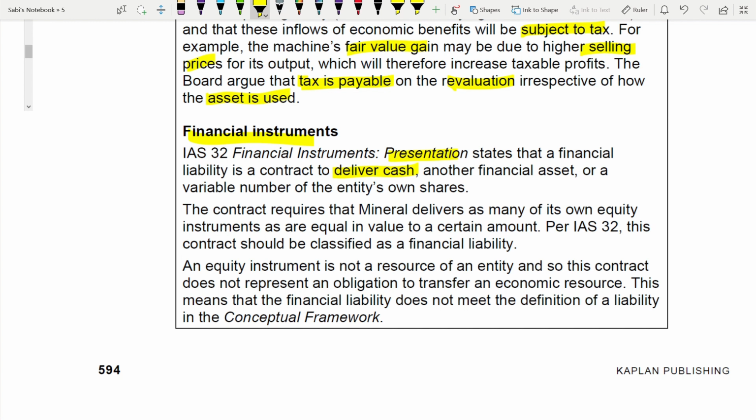Or a variable number of the entity's own shares. Okay, if you have to give up your own shares and that number could be variable, then it's a financial liability. So make sure that you talk about cash, financial asset, and entity's own shares, and it has to be a variable number. Remember, if it's a fixed number, then it cannot be a financial liability.